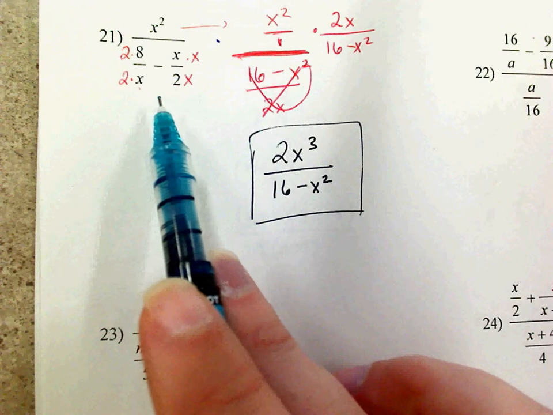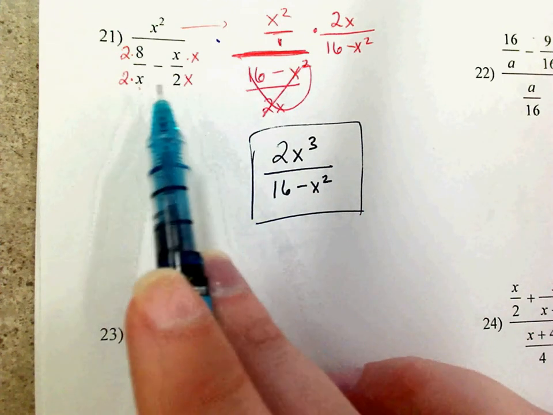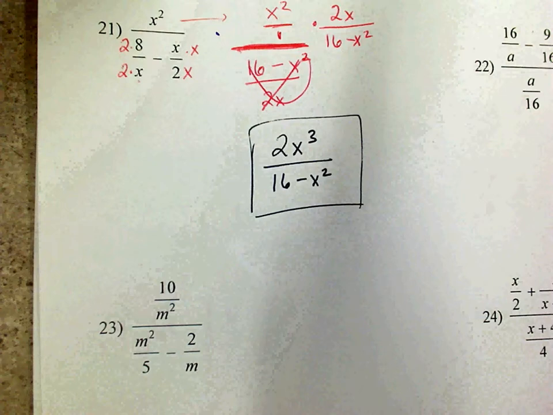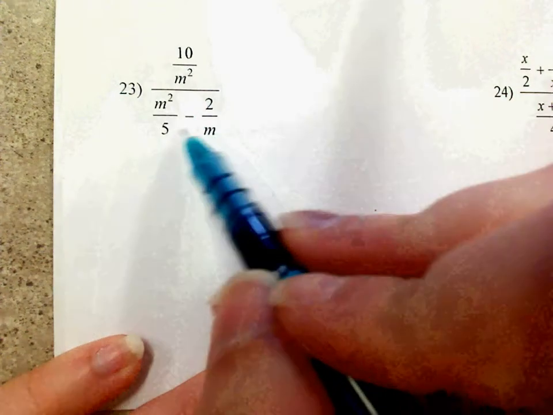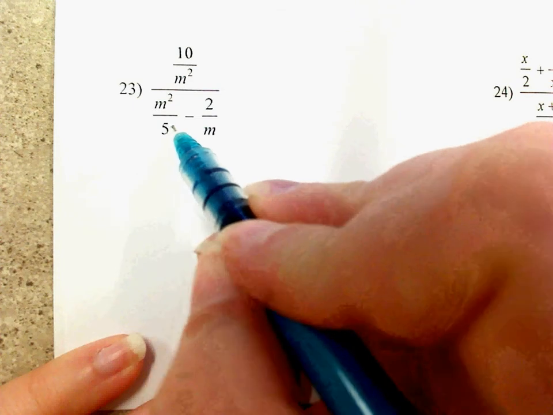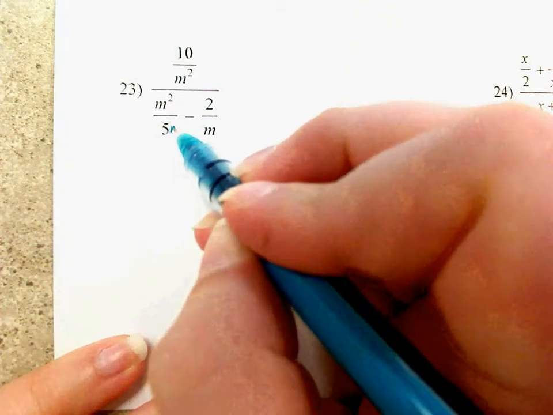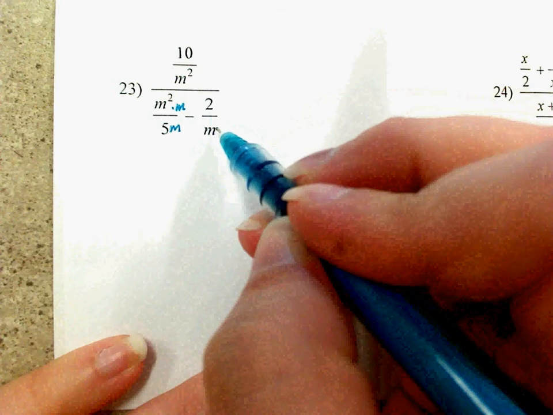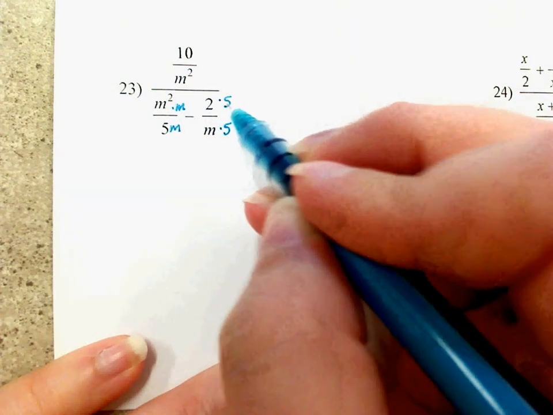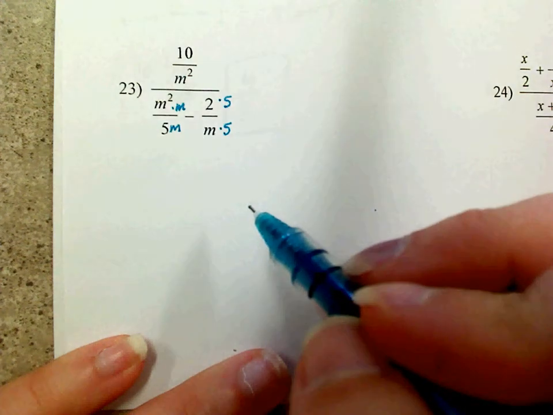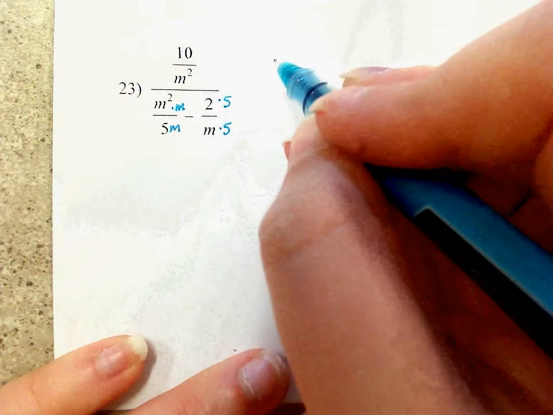So do I need to make these denominators the same? Okay, so what do I need to multiply this side by? M. Okay, so I need an M here and an M there. What do I need to multiply this side by? Okay. Now my denominators are both 5m, right? Then I'm going to rewrite it as 10 over m squared over, what's my numerator now?